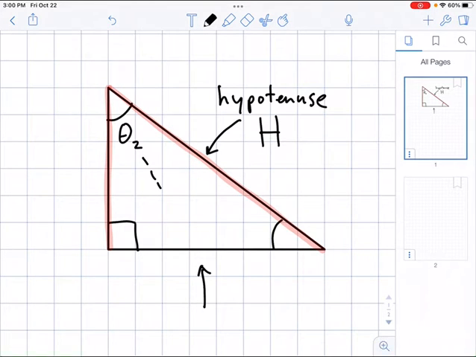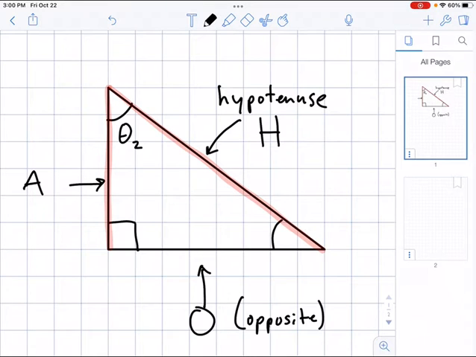So if you look, it's way across, it's on the other side of the triangle from theta 2. So that side we're going to label, not adjacent, opposite. We're going to label O, O for opposite. It is opposite angle 2. Okay, and that means this side over here is A, and that means adjacent, or next to.